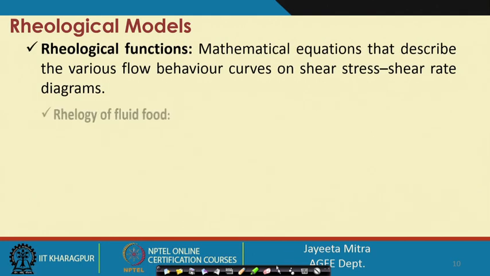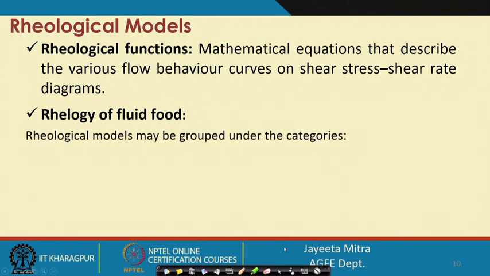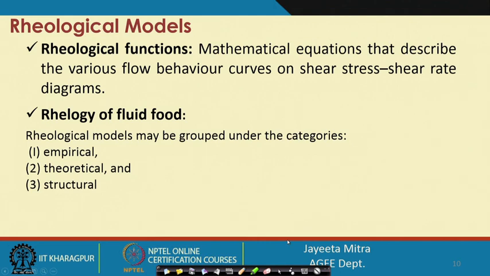And lastly, there are many rheological functions, mathematical equations that describe the various flow behavior curves on the shear stress and shear rate diagram. So, if we consider the rheology of the fluid, rheological models can be grouped into three categories: empirical, theoretical and structural.